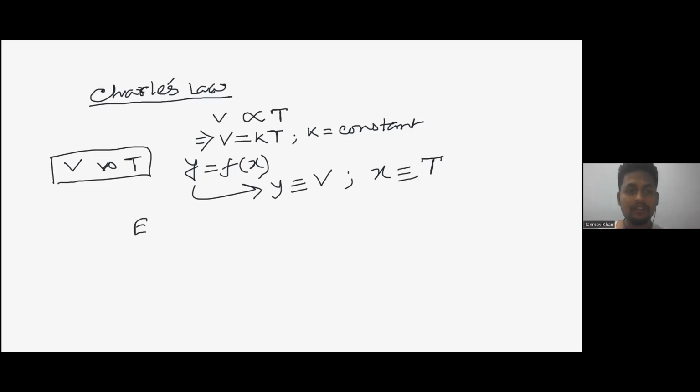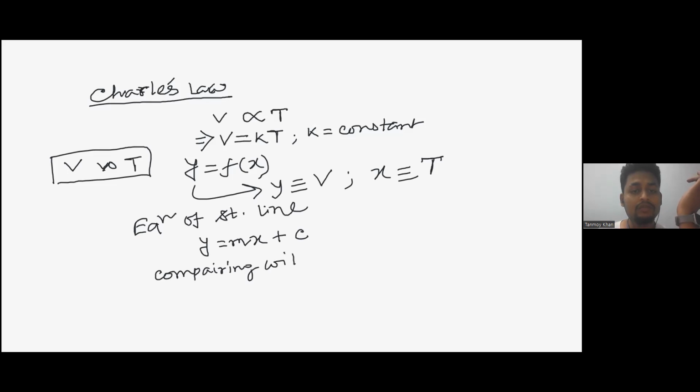How can you draw it? Just compare it with y is equal to mx plus c. Whatever I told you in the previous class, you just need to do that, and you will end up with the plot.